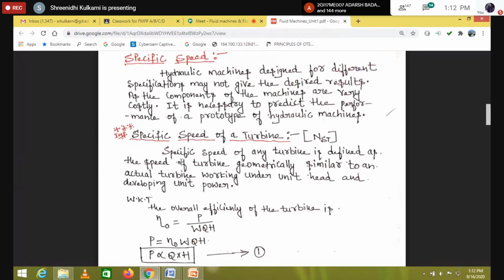See here the words: the speed of any turbine geometrically similar to an actual turbine.